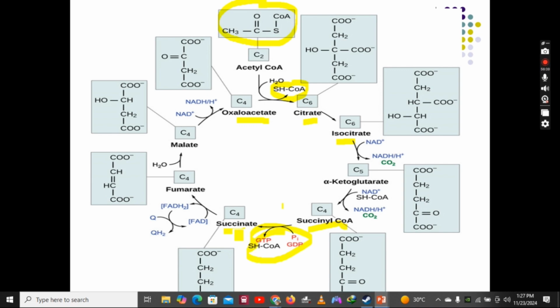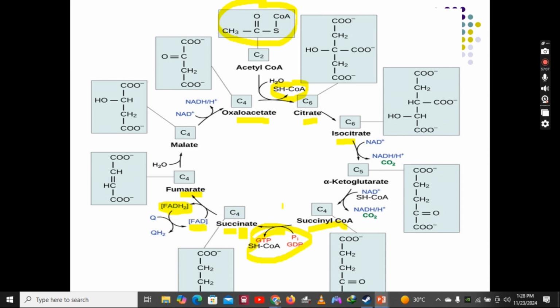Then from the succinate molecule, we have the fumarate, which is formed from the succinate. At this stage, from the succinate to the fumarate, the FAD is reduced to FADH2.